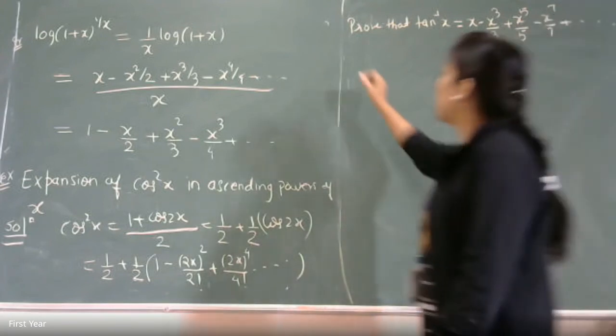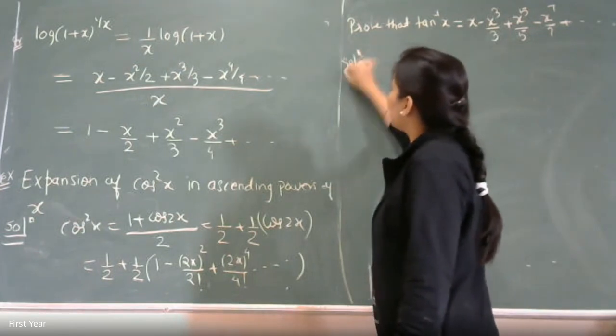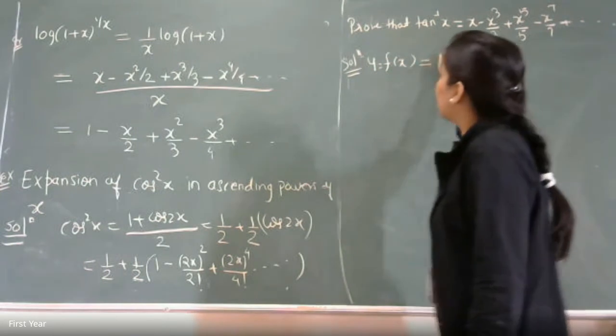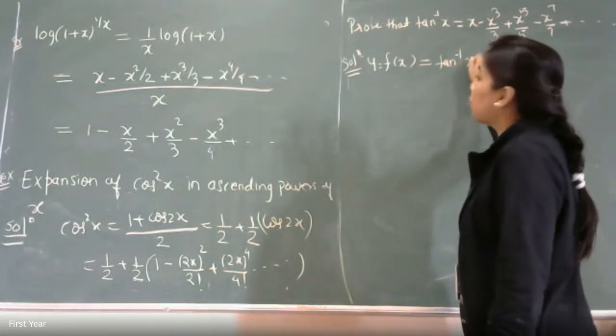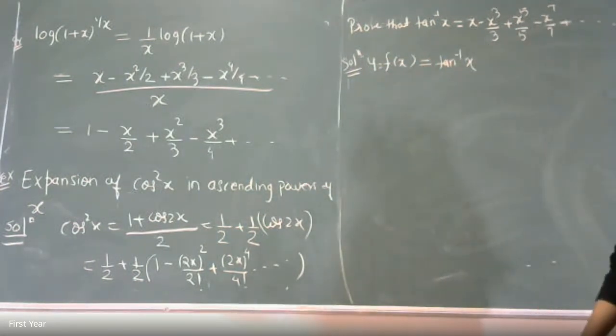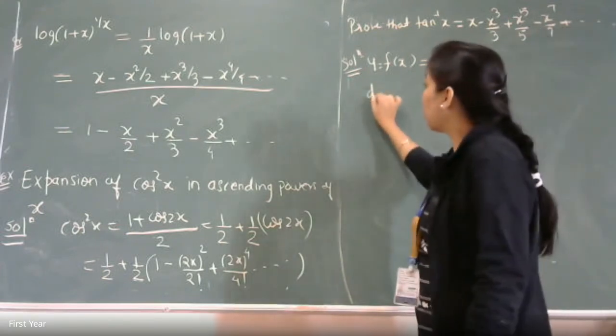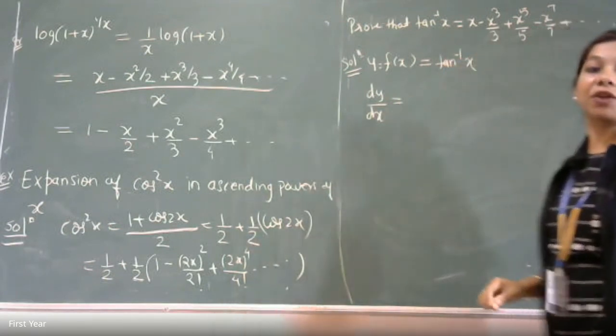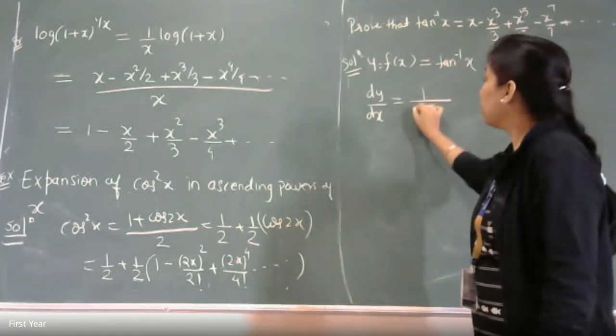Is it okay? So let us see how. Your function is y equals f of x equals tan inverse x. Okay. So what I will do, I will first differentiate. Differentiating, dy by dx: what's the derivative of tan inverse x? 1 upon 1 plus x square.